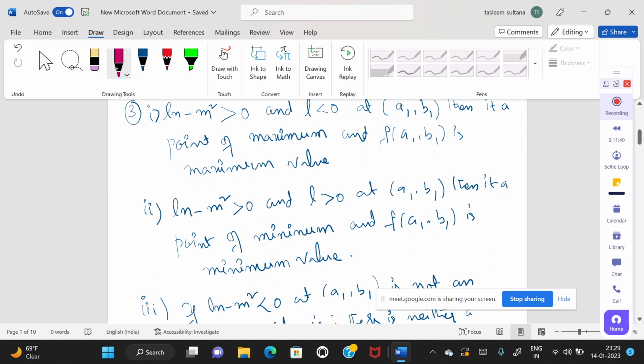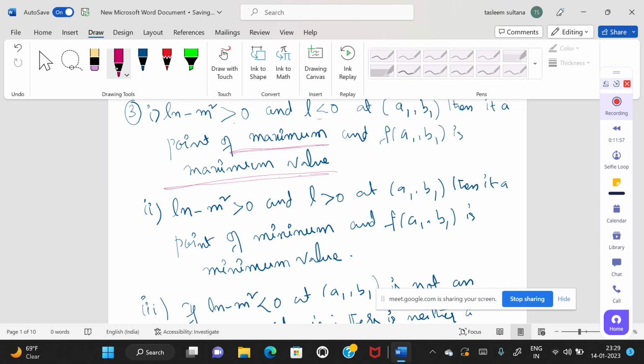The first one says if LN − M² is greater than 0 along with L less than 0, then that point will be declared as a maximum, and the function will have a maximum value.